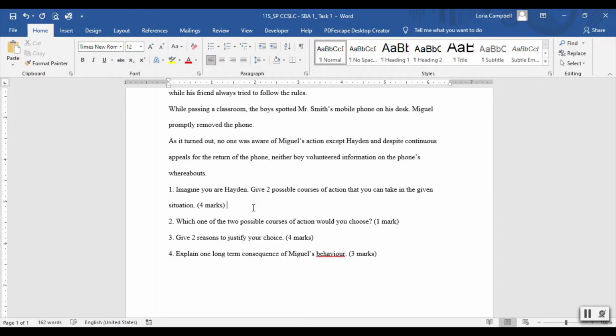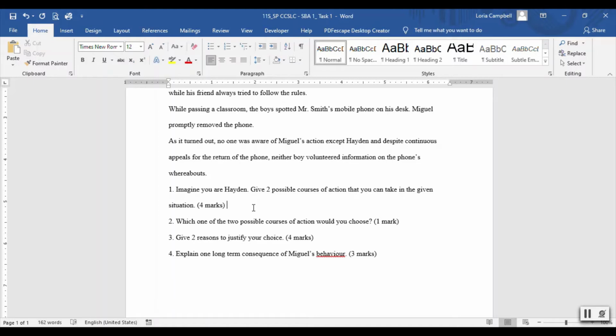If I were Hayden, as they're asking me to pretend to be, I would have told Miguel to give back the phone. Another thing that I could have chosen to do was to report that Miguel took the phone to the teacher or any other teachers, the principal or any member of staff. And there are multiple things that I could have done as well, but those are 2 and I would have gotten 4 marks. And of course, we're asking that you put this in a complete sentence.